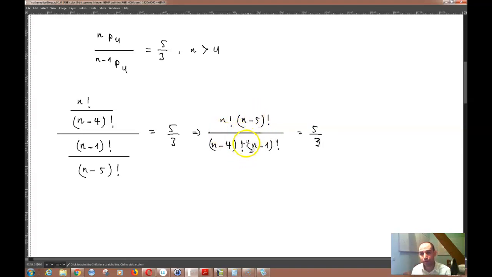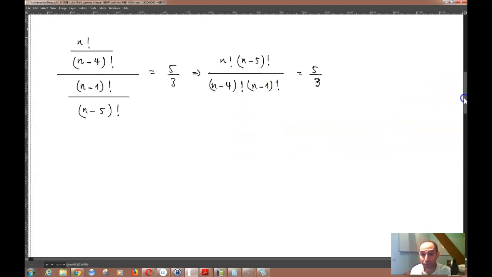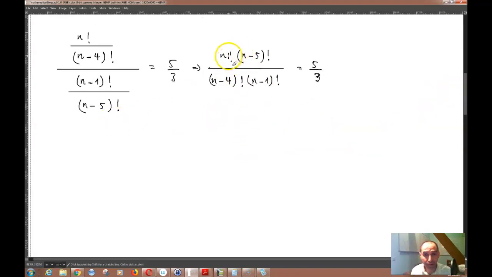So you can write this as n factorial over (n minus 1) factorial times (n minus 5) factorial over (n minus 4) factorial is equal to 5/3.